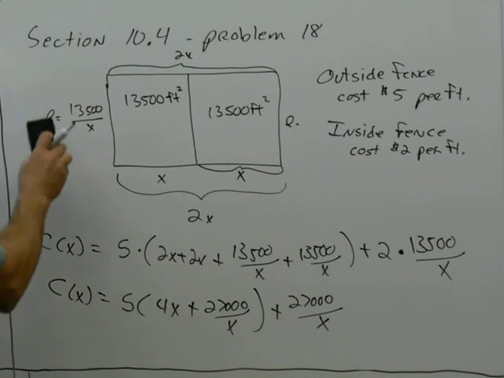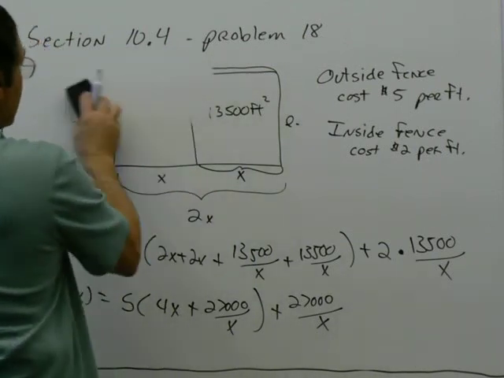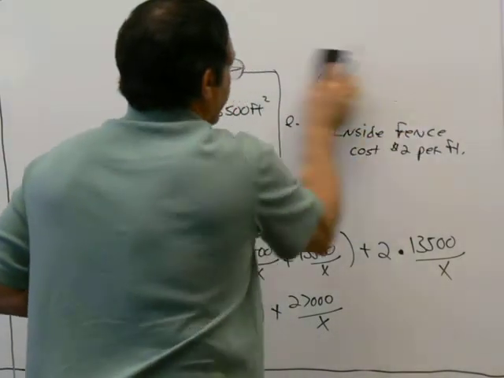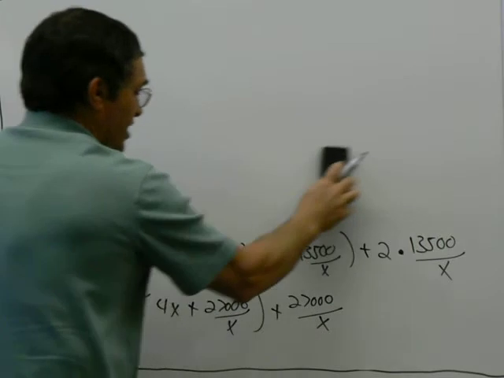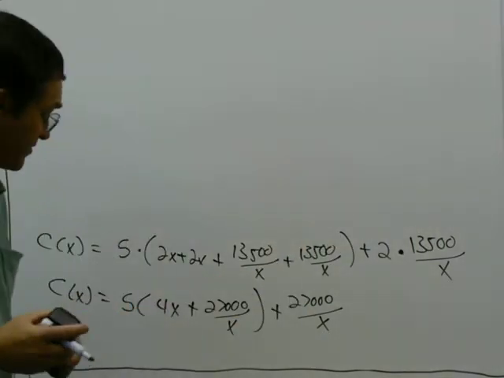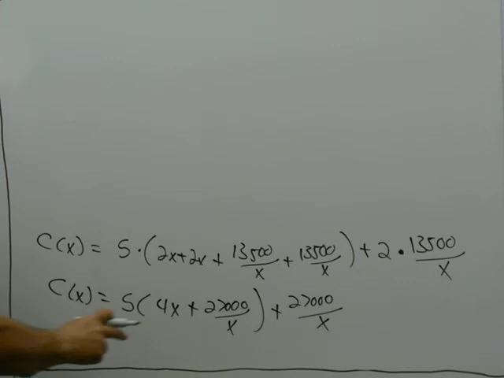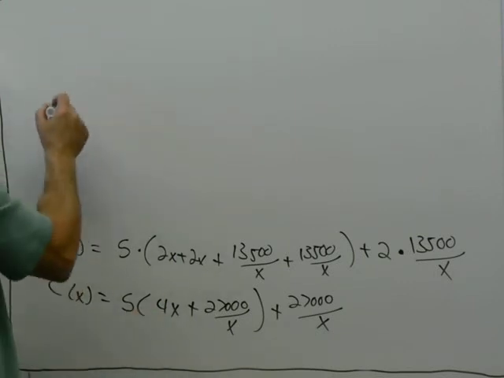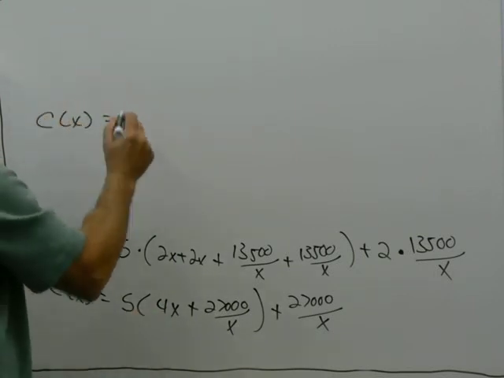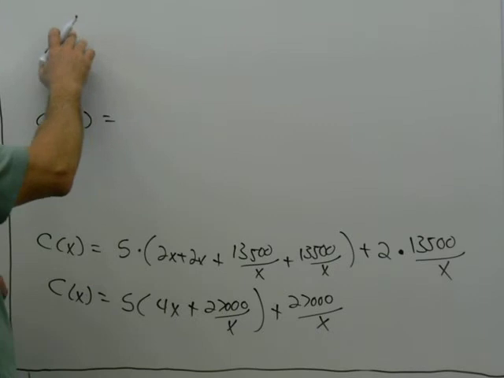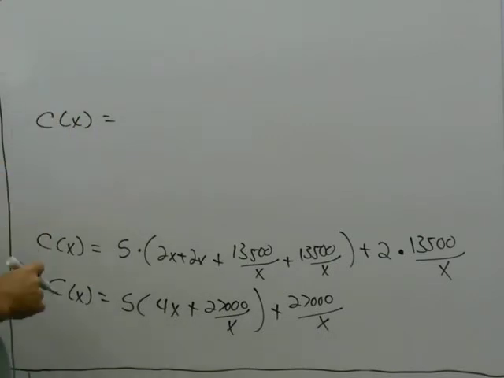I'm going to erase my picture here because I don't think I need it again. Again, you can always stop and replay the video, back up, get a screen print, or just write down anything you need to see. So I'm going to keep developing my cost function here. I'm going to leave room at the top to put my simplified version of it.